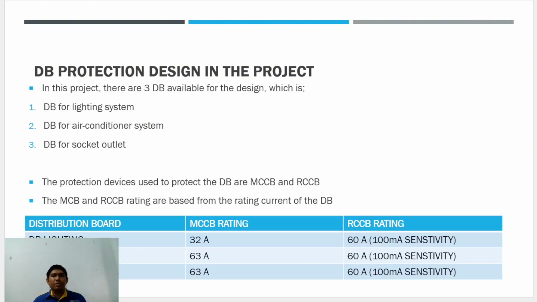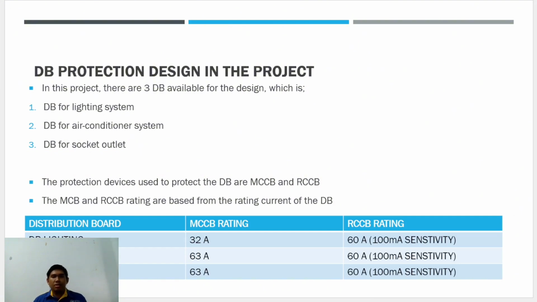Right, now the DB protection design in the project. In the project, there are 3 DBs available for the design, which are the DB for the lighting system, the DB for the air conditioner system, and the DB for the circuit outlet system. The protection devices used to protect the DB are MCCB and RCCB.